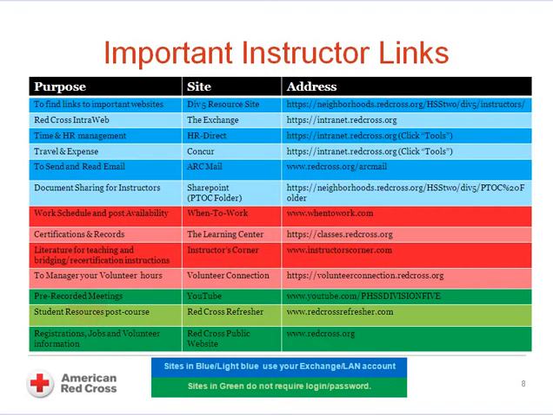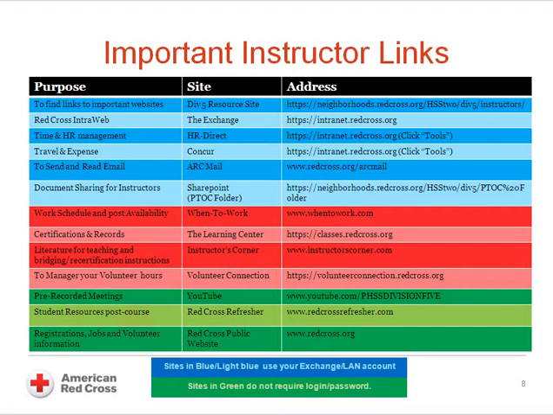If you want to manage your volunteer hours, go into the Volunteer Connection. That's https://volunteerconnection.redcross.org. If you want to see the pre-recorded meetings, that's through YouTube, www.youtube.com/phssdivision5. You'll also see the latest YouTube video on the Division 5 resource site.